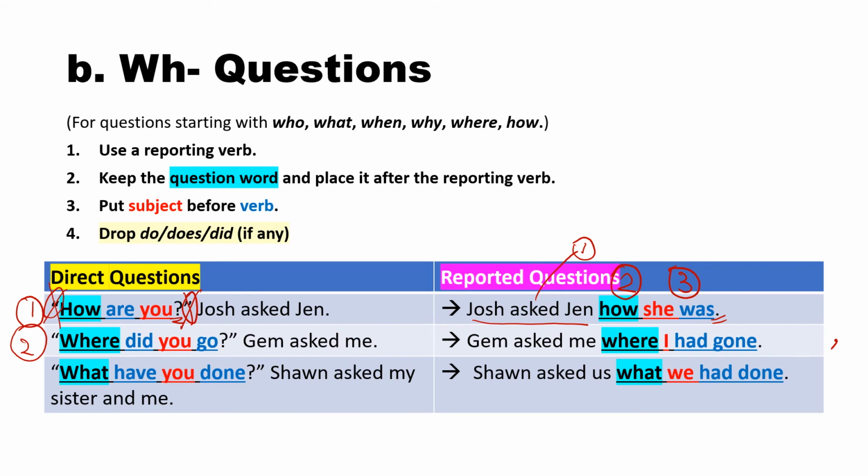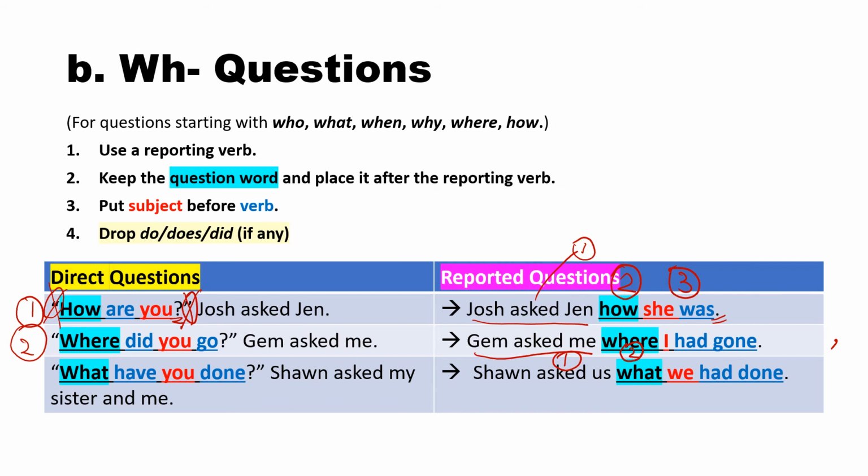Step 1. Use the reporting verb. Jem asked me. Step 2. Keep the question word where and place it after the reporting verb. Step 3. Put the subject before the verb.